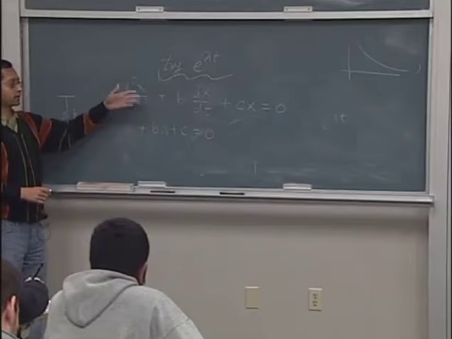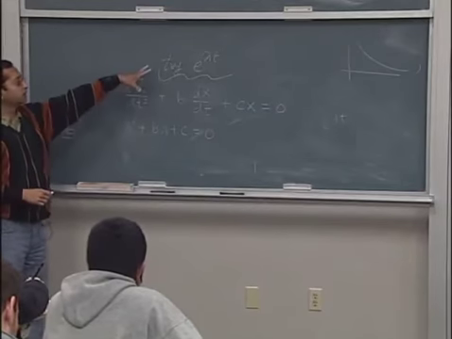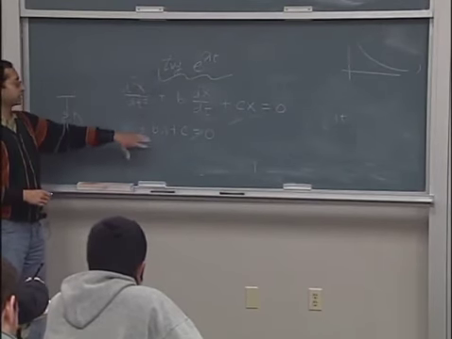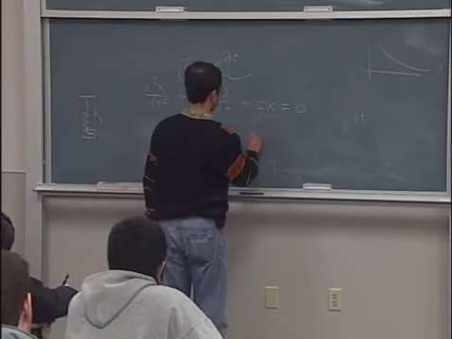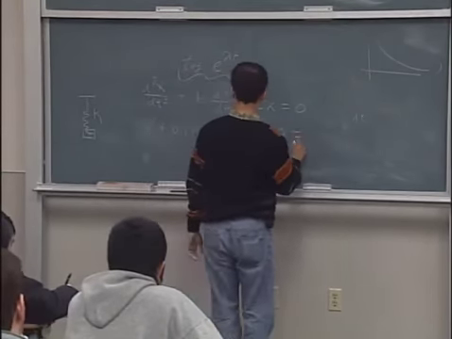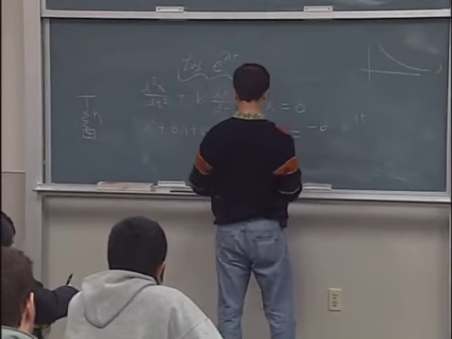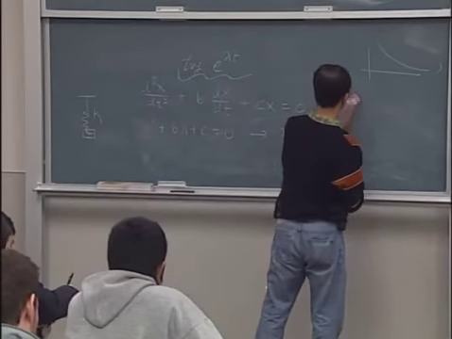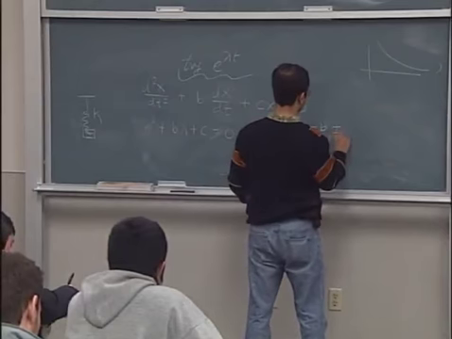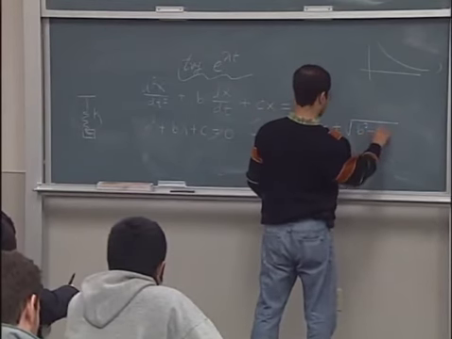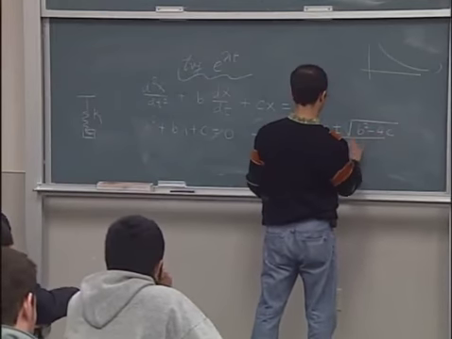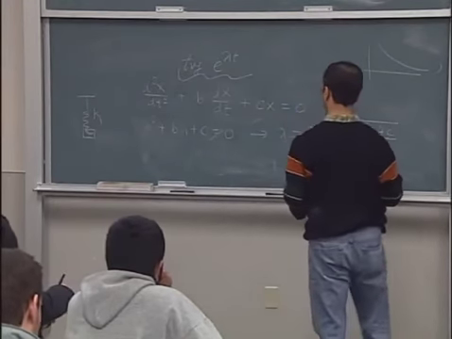Whenever you encounter second order or third order linear ODE, you simply try e to the power lambda t, get the algebraic equation, solve that algebraic equation. So in this case, lambda is going to be negative b plus minus square root of b squared minus 4c, divided by 2. Tell me if I'm wrong.